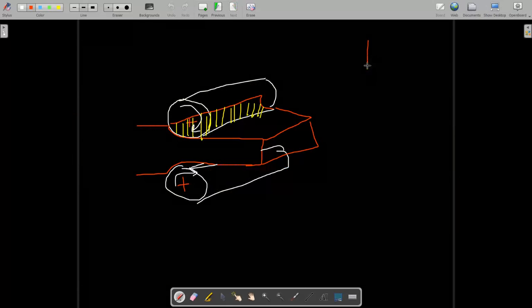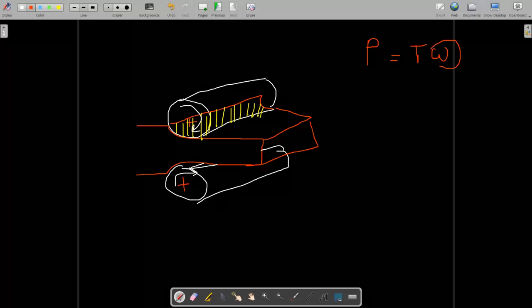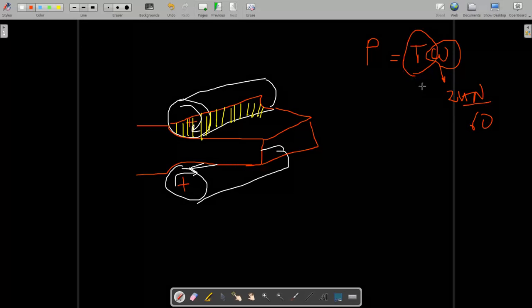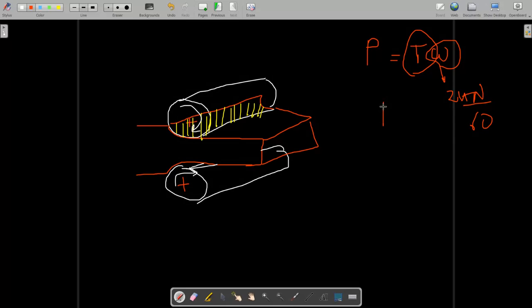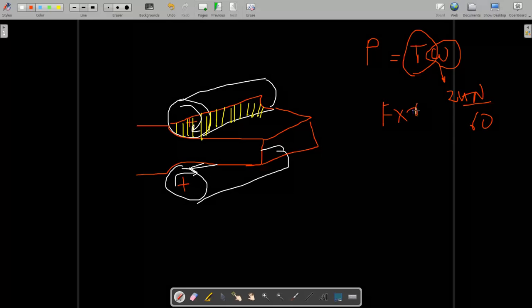We know in rotational motion power is given by torque into omega. We will find omega by using 2 pi N by 60. Now what is torque? Force into radius, we know all that.